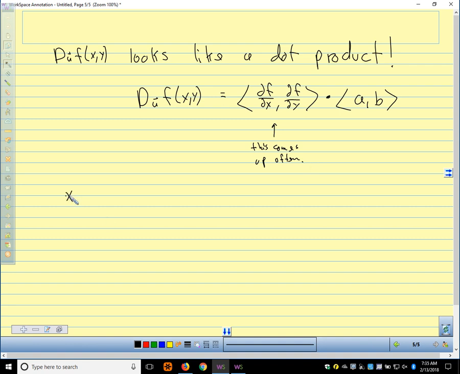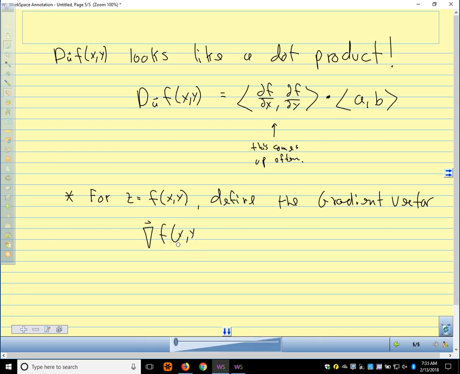This is probably the most important idea from this section. For z equals f(x,y), and we have to have a nice function with nice derivatives, we define the gradient vector. Our notation is del f of x, y.